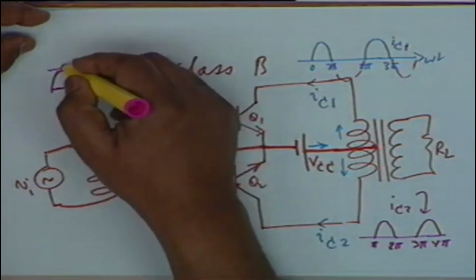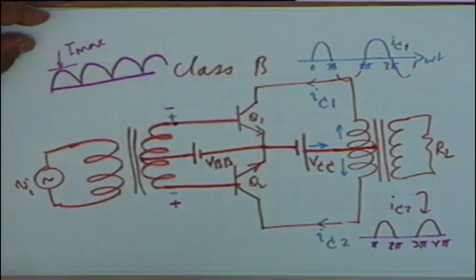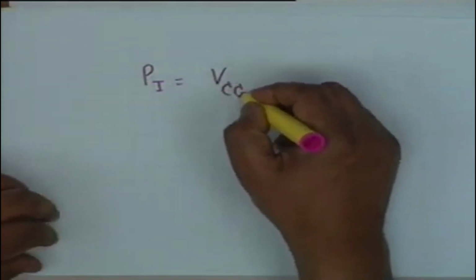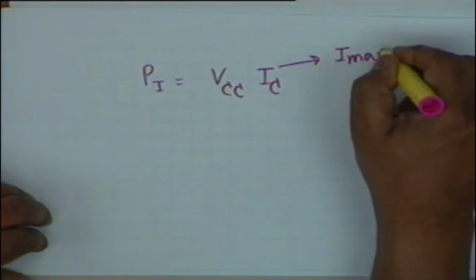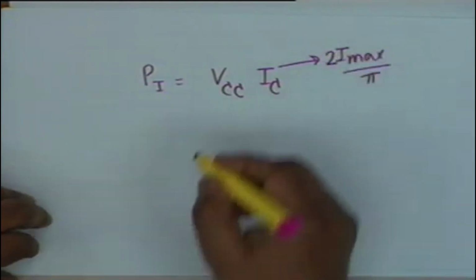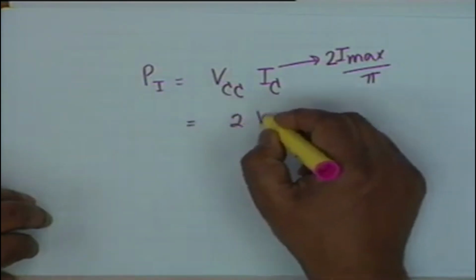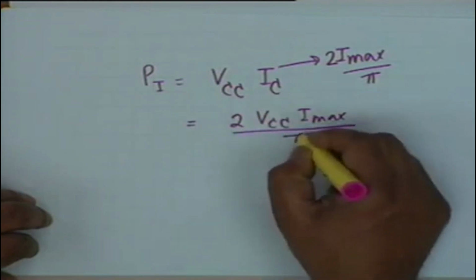If this is I max, then the average value is 2 by pi multiplied by I max. So the input power is VCC times I sub C, where I sub C is twice I max divided by pi, equal to twice VCC I max divided by pi.